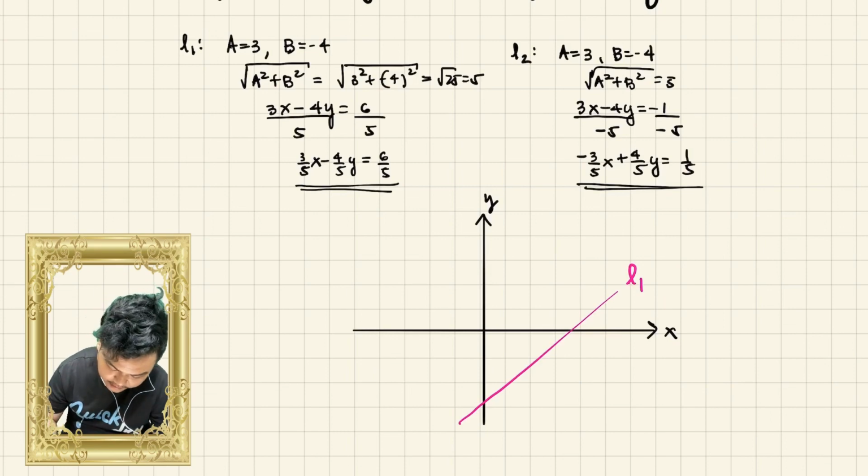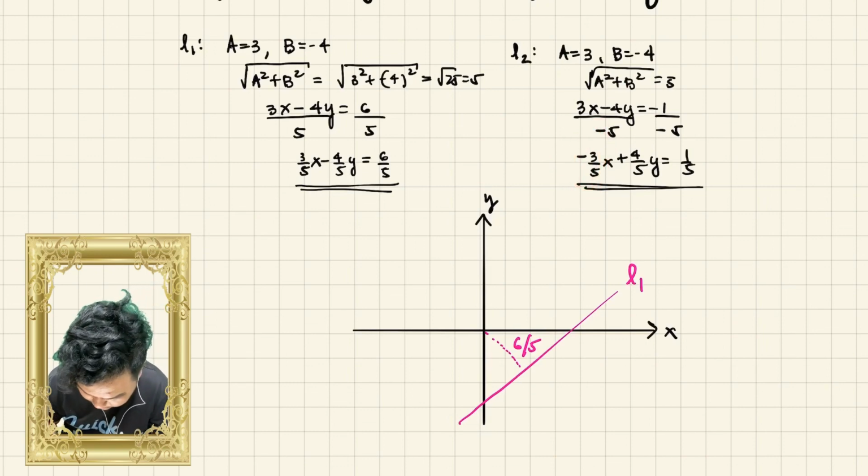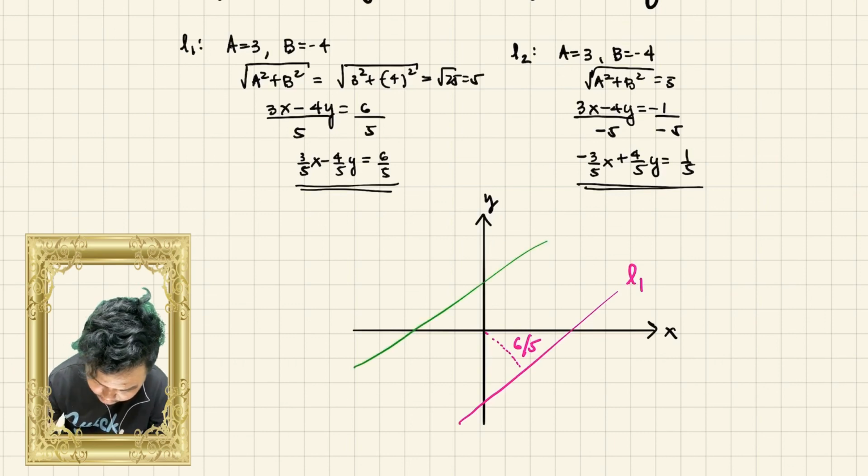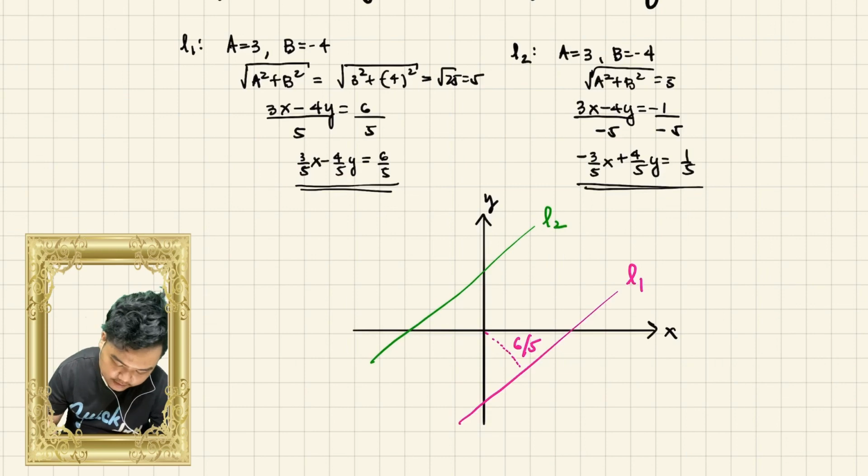Tapos, ang distansya niya sa origin ay 6/5. While si L2, negative x-intercept, positive y-intercept. So, something, kailangan parallel. Something ganyan si L2. At ang distansya niya sa origin ay 1/5.